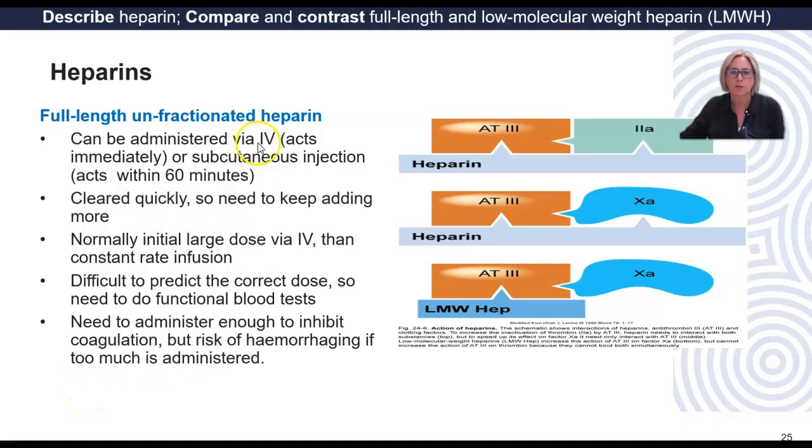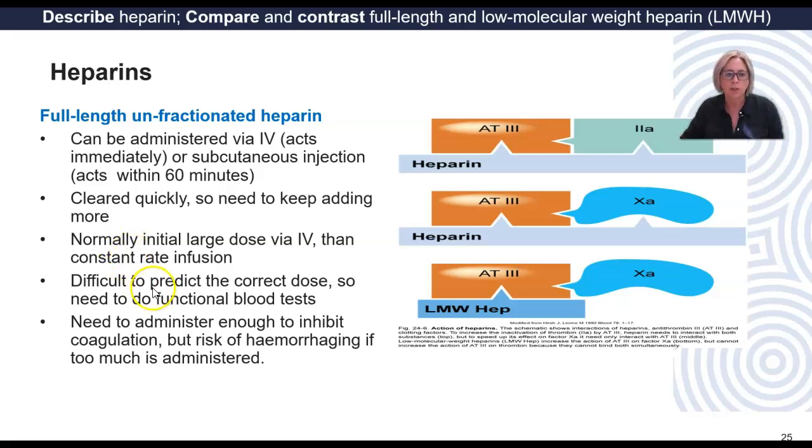This can be administered via IV, and it will act immediately, or it can be administered via subcutaneous injection, where it acts within 60 minutes. So if you need it to have a rapid effect, this is the one that you'd go for, the full-length unfractionated heparin IV. It is cleared quickly, so it needs to be constantly topped up. Normally a large bolus dose via IV is administered, and then that's followed up with a constant rate infusion.